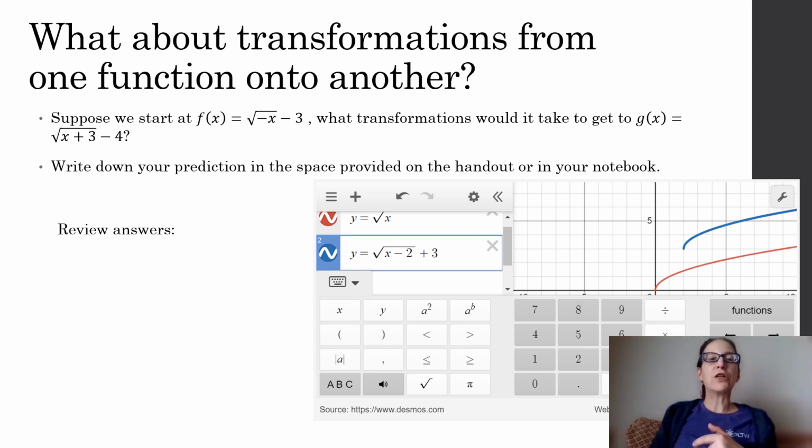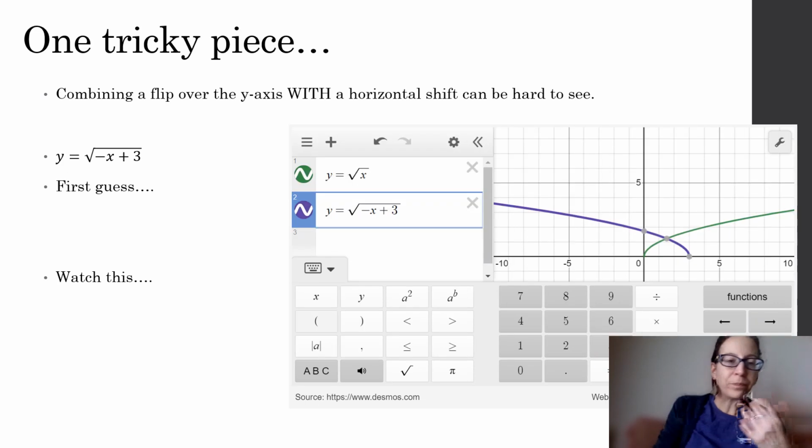So suppose we start at f of x equals the square root of negative x minus 3. You kind of have to picture what is happening there. It's flipped over the y-axis and then down 3. What transformations would it take to get to the square root of x plus 3 and minus 4?